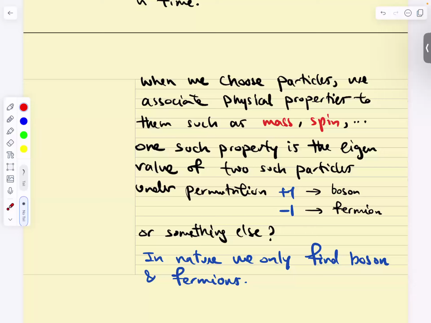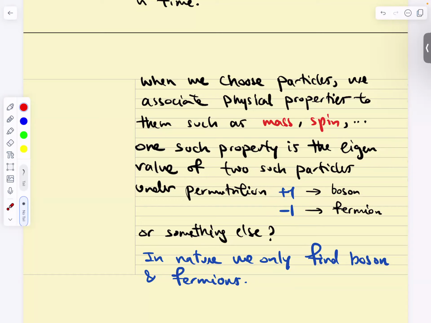When we choose particles, we associate physical properties to them, such as mass, spin, and so on. One such property must be the following: is it an eigenket of the swap operator? And if it is, what is the eigenvalue? We said that it's either symmetrized or anti-symmetrized. So is it +1 or -1? This is part of the description of the particle.